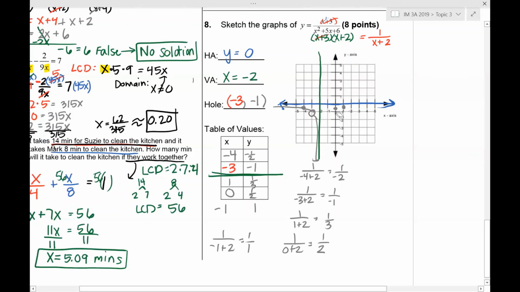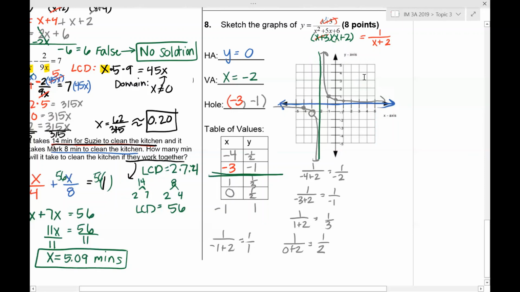So I graphed these wrong. -1 is +1. 0 is +1/2. And then the 1 is +1/3 that I accidentally graphed as a -1/3. So that means that this graph would look like this on the top right side.